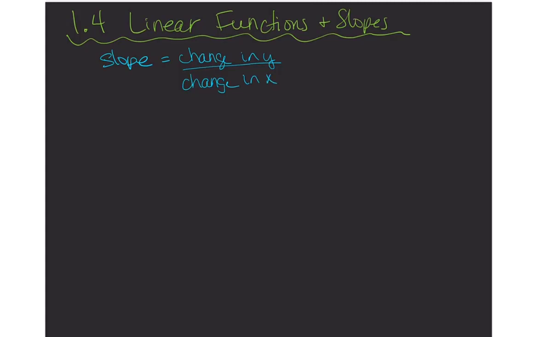Some of you guys refer to it as rise over run. And then you guys always ask me, well, what's rise over run? If you're rising, you're going up or down, so that's going to be your y. And if you're running, that's going to be your x.